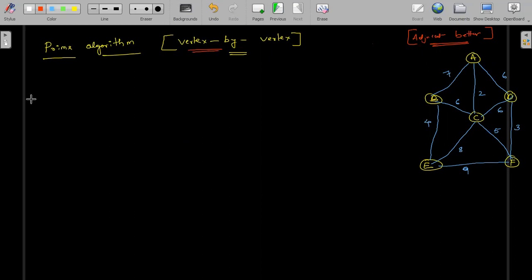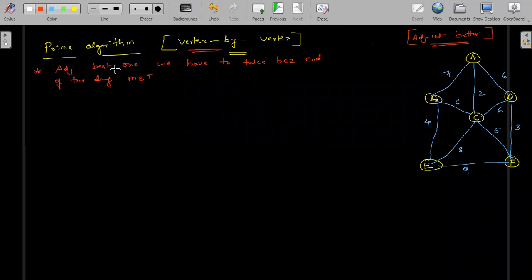And please take one more line here: the adjacent best one we have to take, because at the end of the day, MST, nothing but minimum spanning tree, is possible only if we take the best.